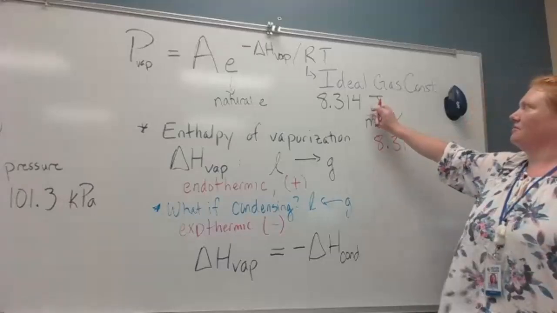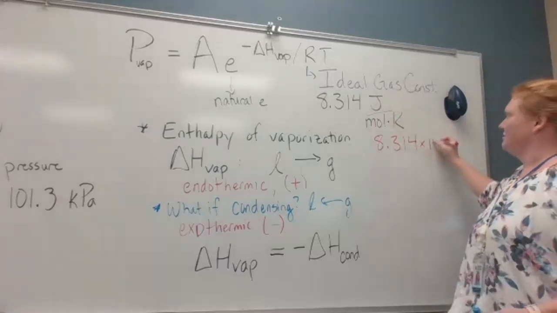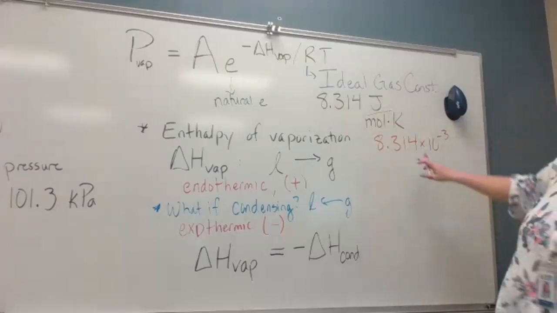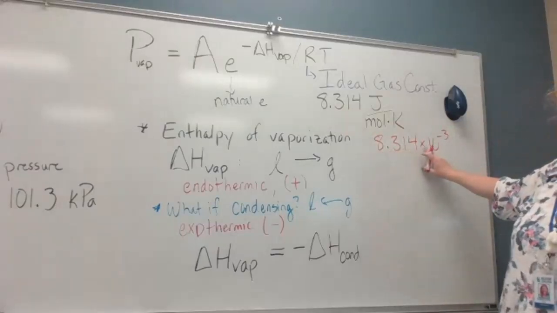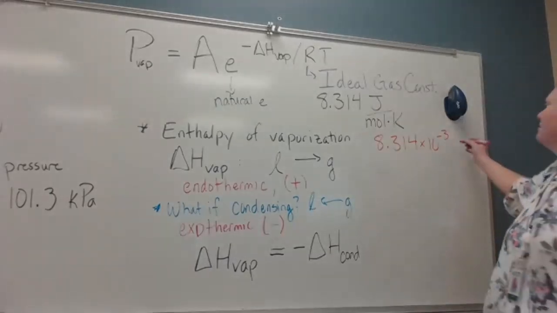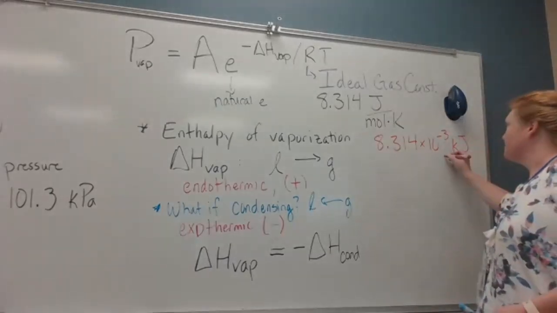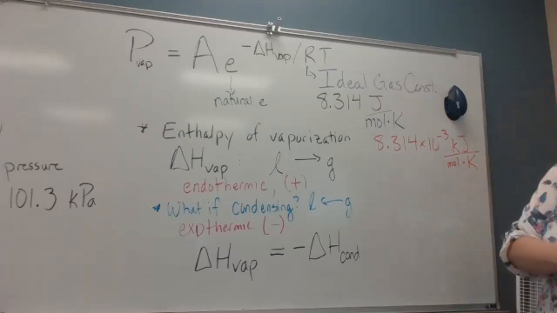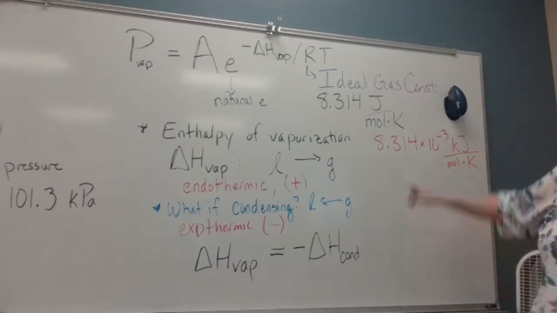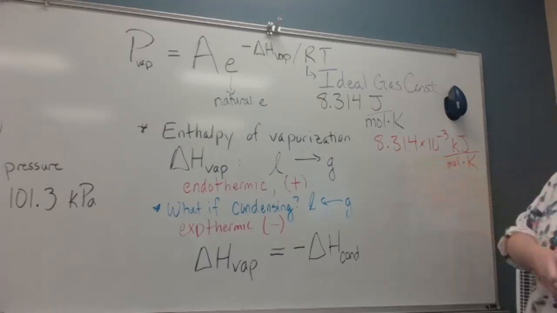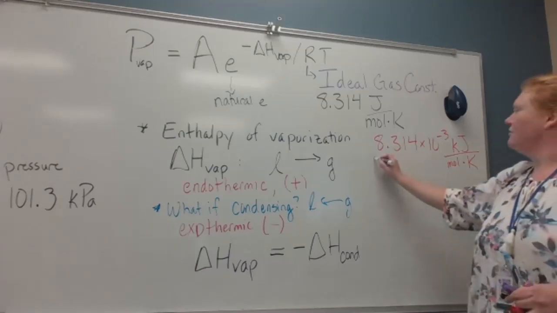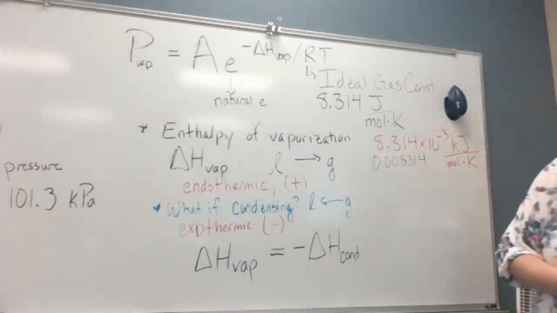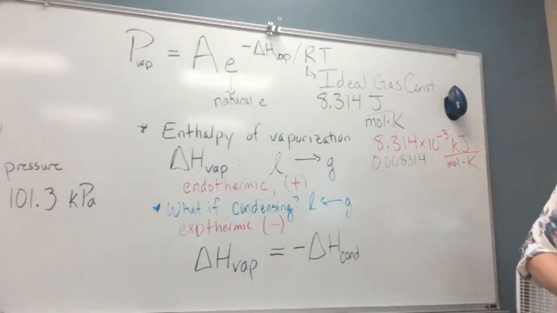You just got to convert from joules to kilojoules, and that means dividing this number by 1,000. 8.314 times 10 to the negative third kilojoules per mole Kelvin. Just go ahead and get in the habit. Just use that number. Or if you want to write it standard with all the little zeros, I don't care. It's fine.